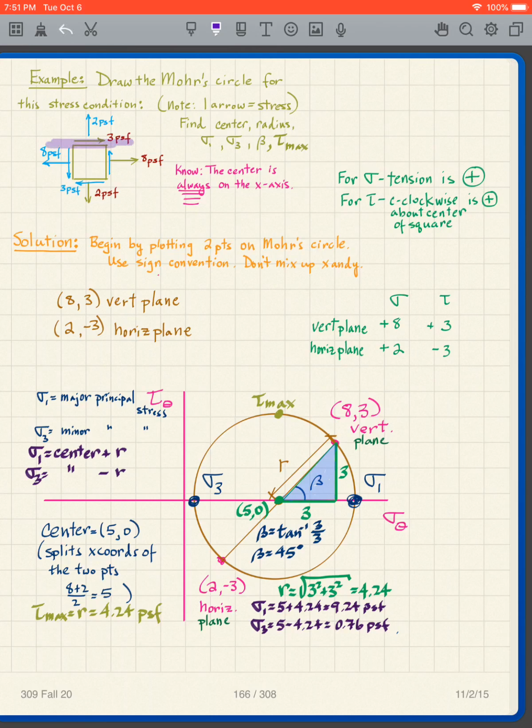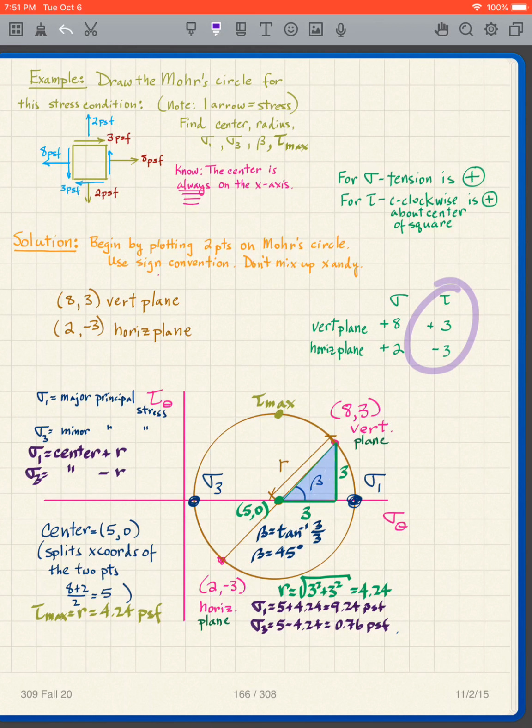Again, I could have used this plane up here. That is tension, so it's still positive 2 away from the body. And this is still clockwise, so it goes like that. So I still get a negative 3 there.